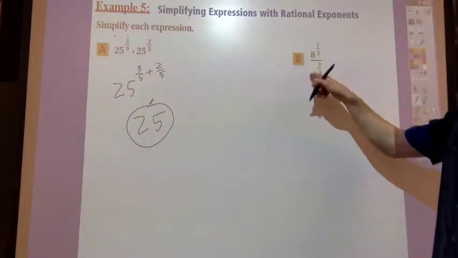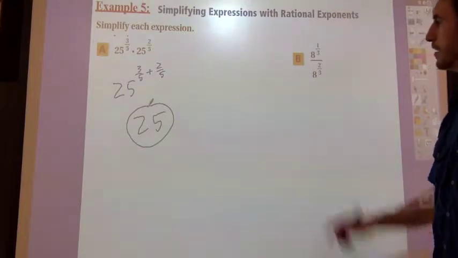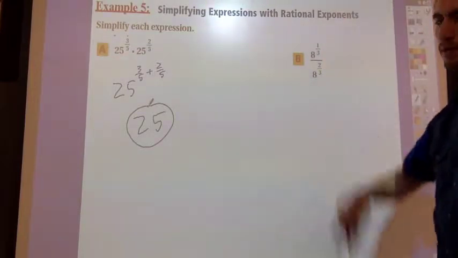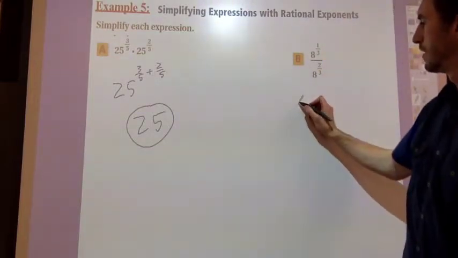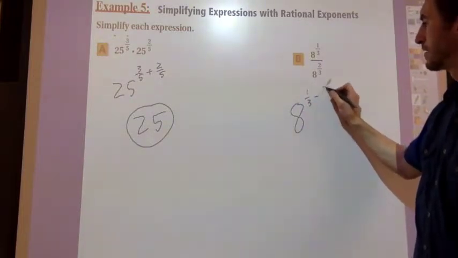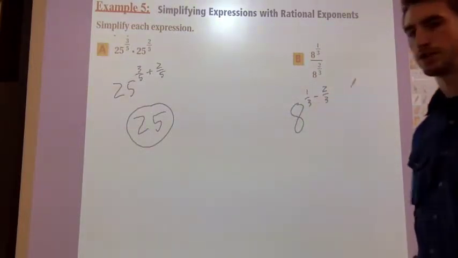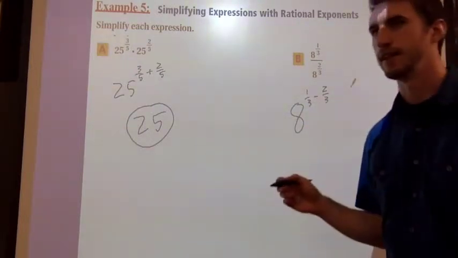This one, we have 2 exponential numbers with the same base being divided. So in this case, our exponents subtract. So we've got 8 raised to the 1/3 minus 2/3. 1/3 minus 2/3 is negative 1/3.